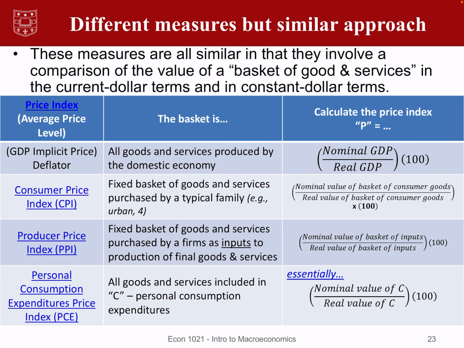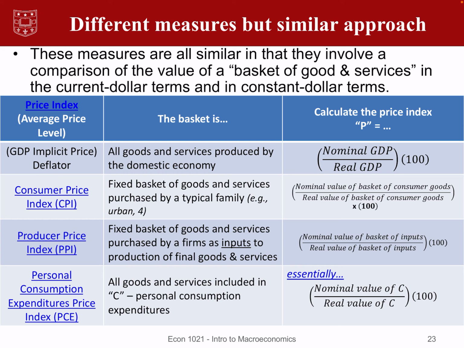So this is as good a time as any to summarize the different measures of an average price level. If you follow these hyperlinks, you'll get to more information. An average level of prices can be either the GDP implicit price deflator, which we talked about.